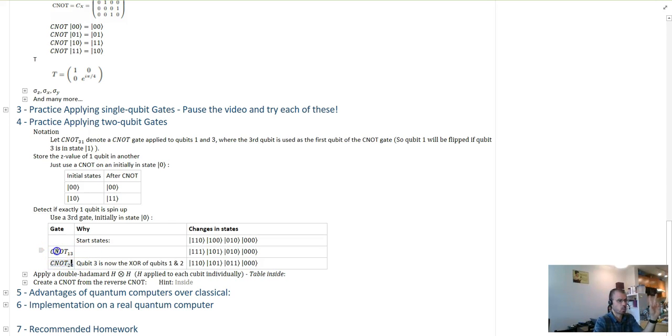If exactly one of them is in state 1, then we'll only flip qubit 3 once, and it'll end up being a 1. Here I'm showing if we're in this initial state, after the first C-NOT we end up in that one, after the second one we end up in that one. Because we've got two 1s, the third qubit ends up in state 0. So at the end we just measure the third qubit.